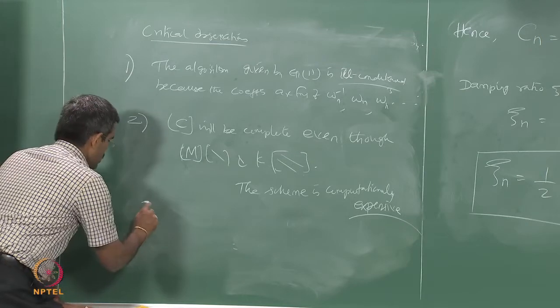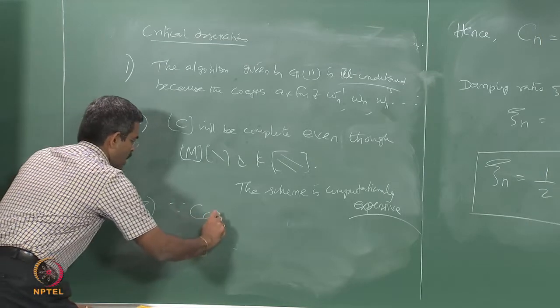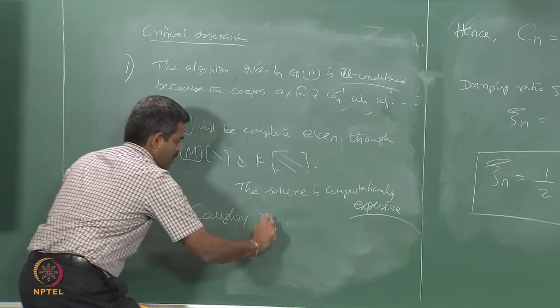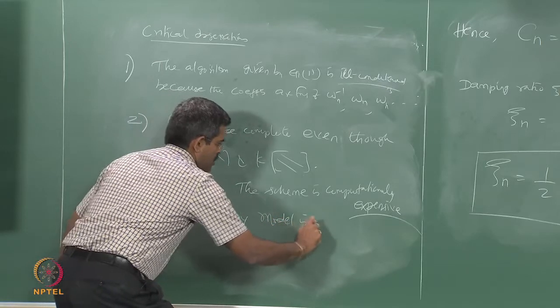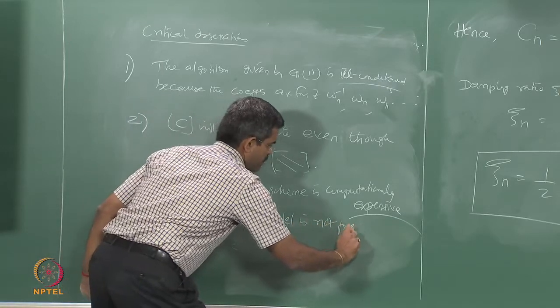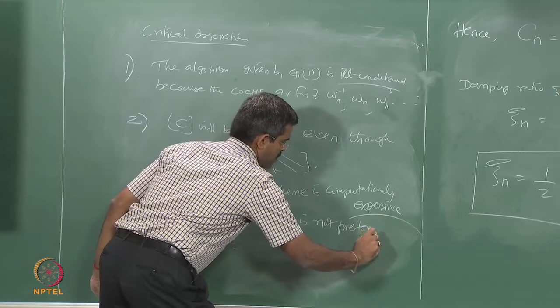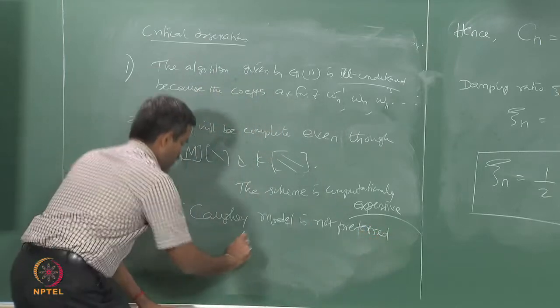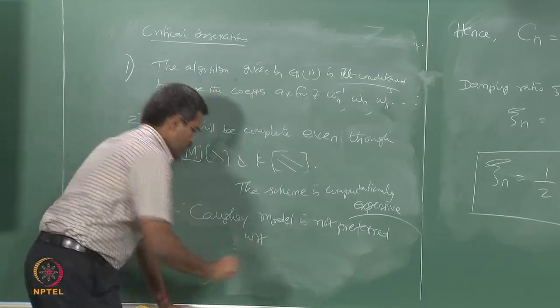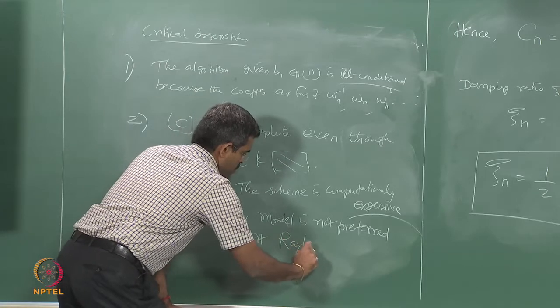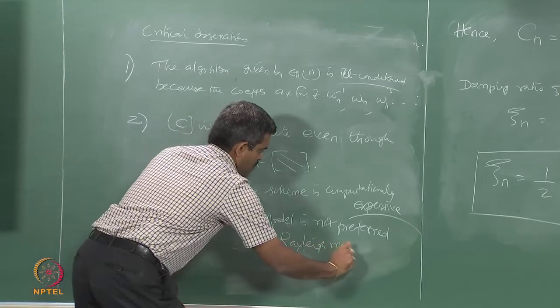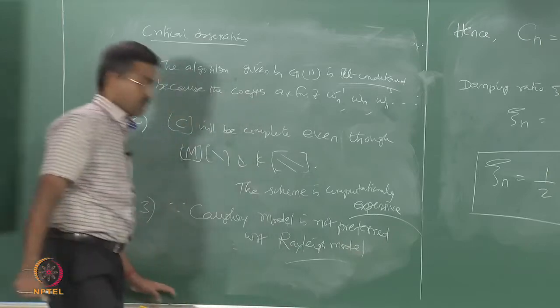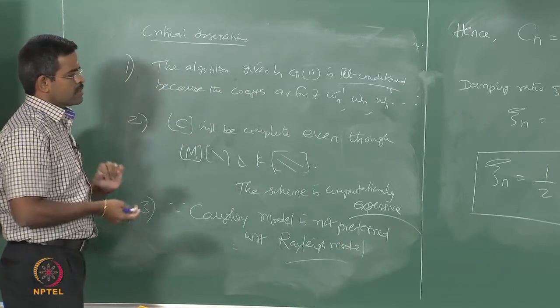Therefore, Caughey model is not preferred with respect to Rayleigh model. So, these are critical observations in Caughey system.